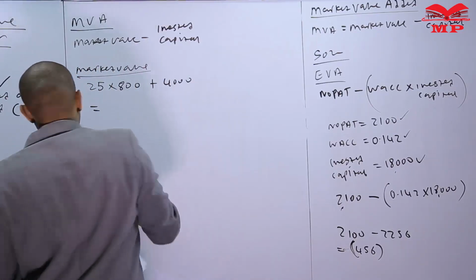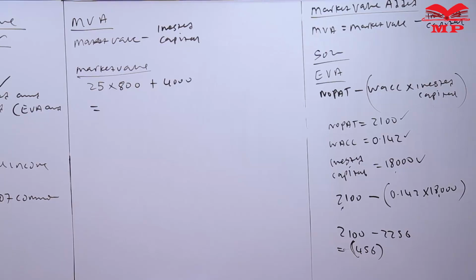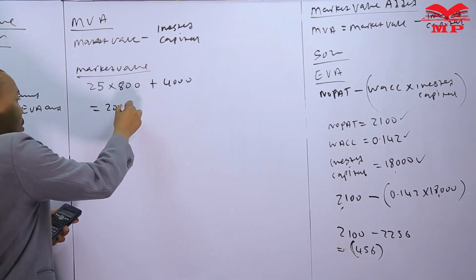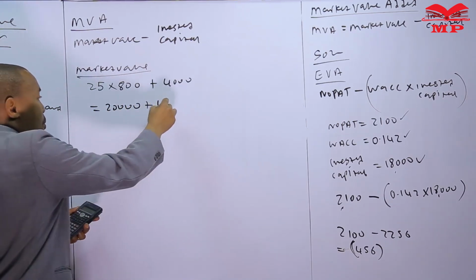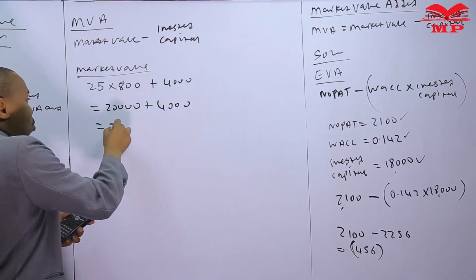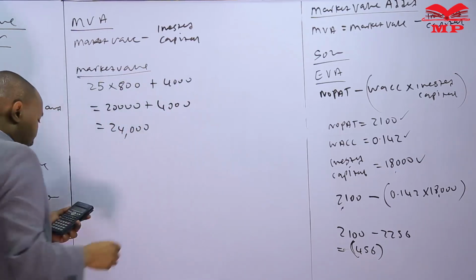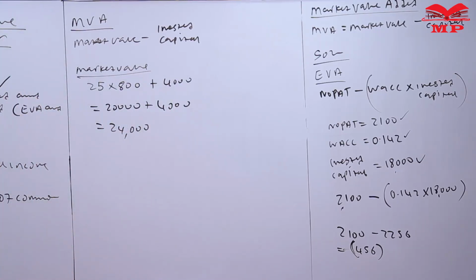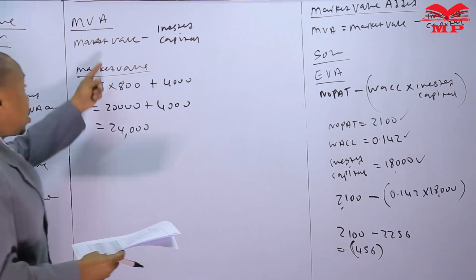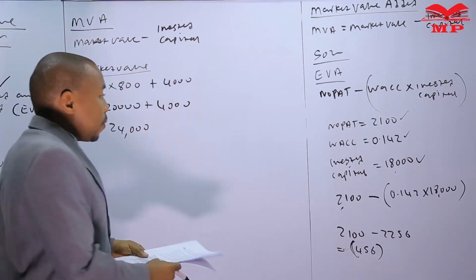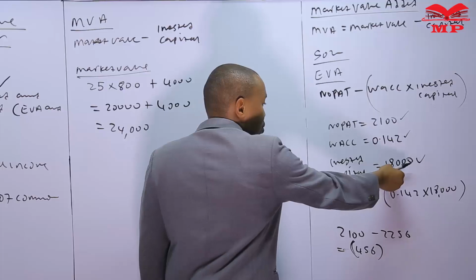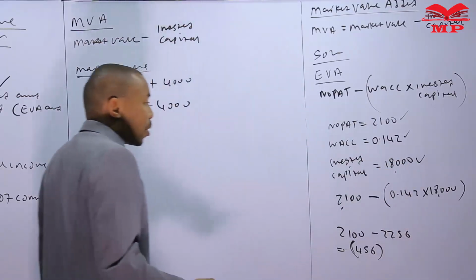So how much is the market value? 25 multiplied by 800 is 20,000, plus 4,000, so it comes to 24,000. Now we just get 24,000 minus the invested capital, which we've been given as 18,000.